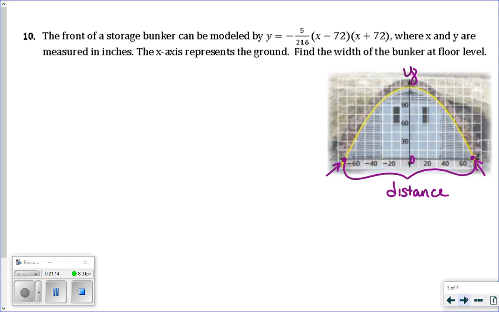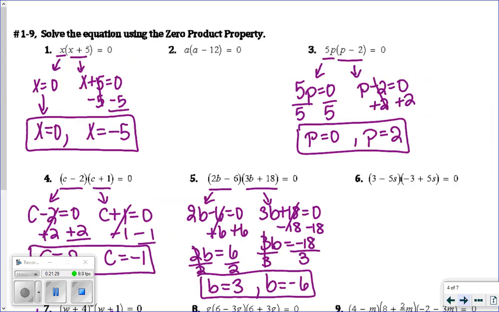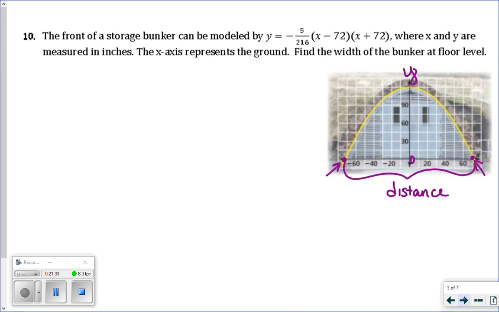Our output is 0, and on a graph, y is always 0 at the x-axis. So all these numbers that we came up with and called solutions to all these equations, guys, these are all where that graph intersects the x-axis. They are the x-intercepts. Okay, so keep that in mind.